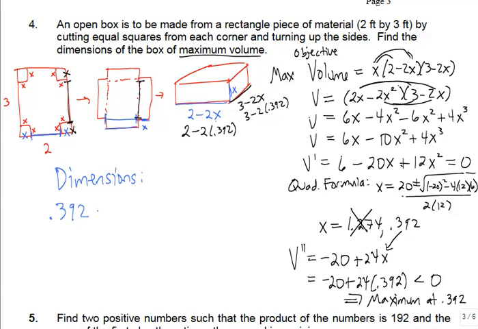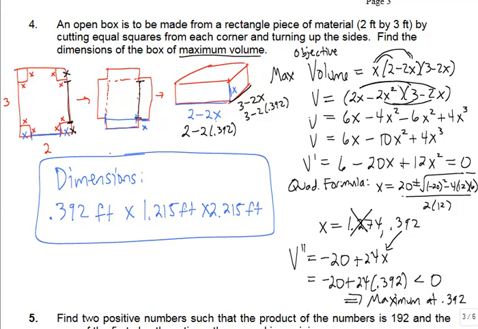And then these are in feet. And then 2 minus 2 times 0.392 and 3 minus 2 times 0.392, those are going to give me 1.215 feet and 2.215 feet. So there are our three dimensions of our box. Okay?